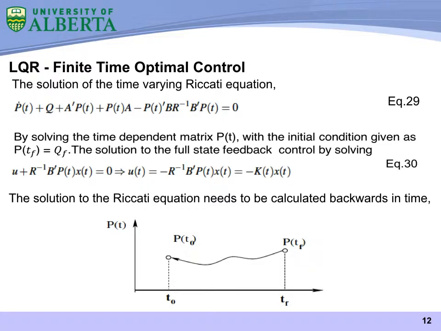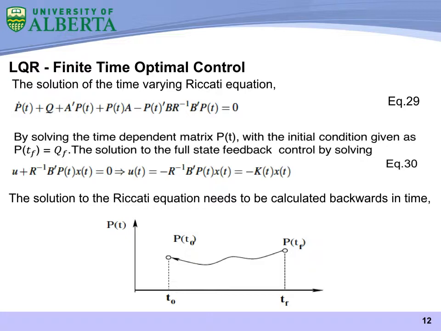P dot of t plus Q, and all of this is the same as in the previous case. We use the initial condition at P(Tf). In other words, we start from this side and calculate P of t, because P of t has to be calculated from P(Tf) back to P(T0).